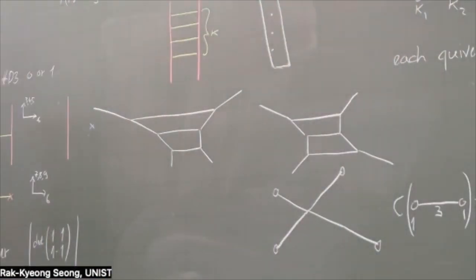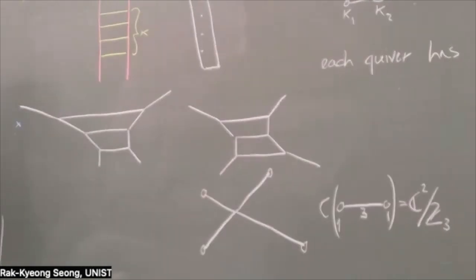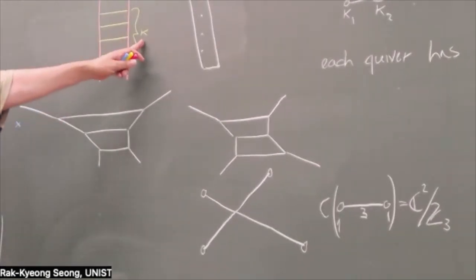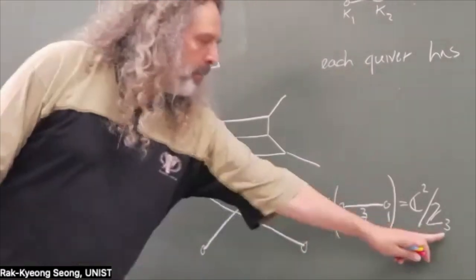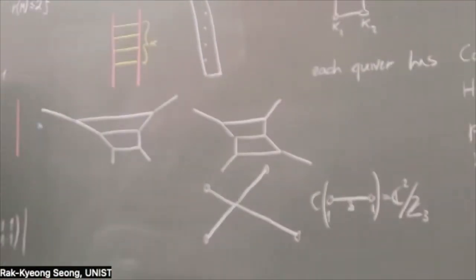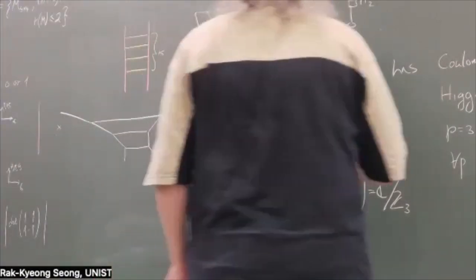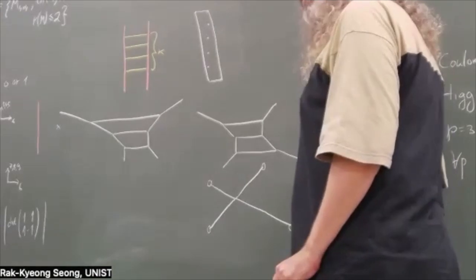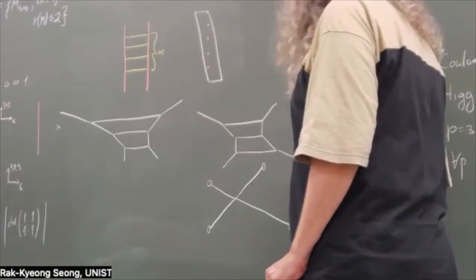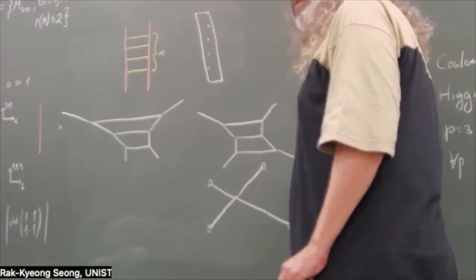In general, if I replace 3 by K, then I will get K. The Coulomb branch is no longer a symplectic singularity. I use the monopole formula.